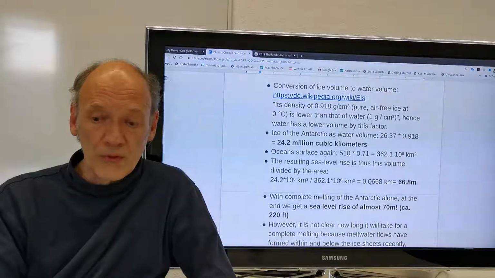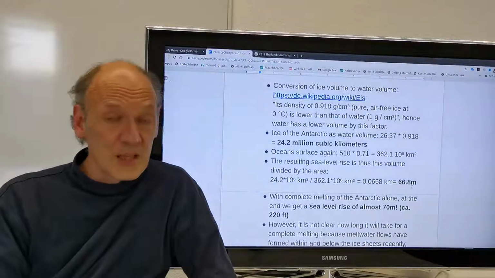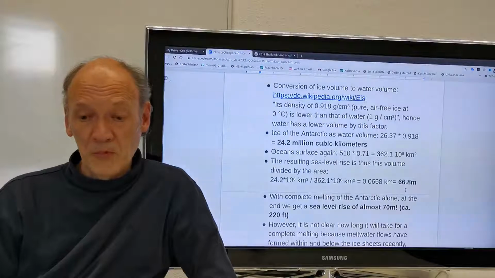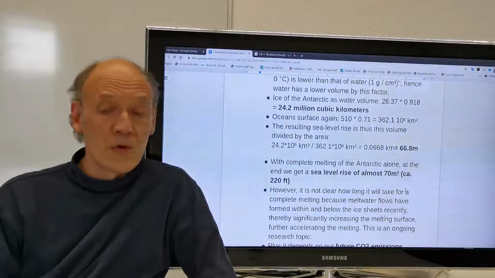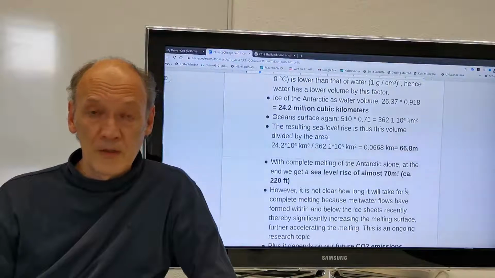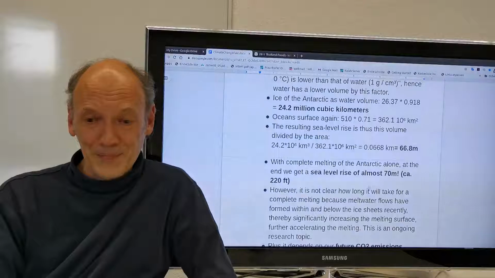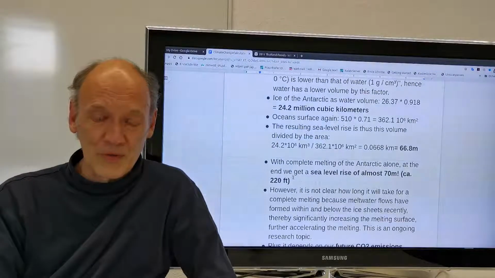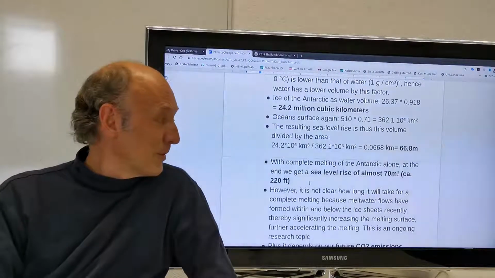It's 0.0668 kilometers, or 66.8 meters, right? So this is actually quite significant. If all of Antarctica melts, that's a lot of sea level rise. We don't want to see that. This 66.8 meters is roughly 220 feet, right? So a lot.